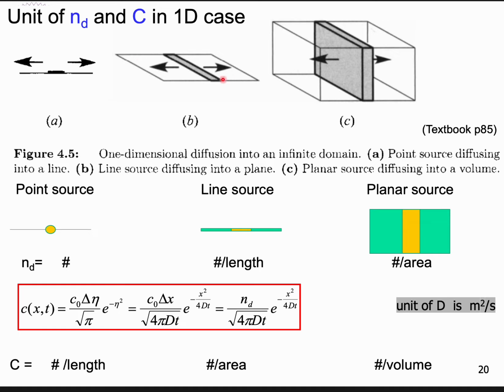In that case, this is a plane, right? The diffusing atoms can move to the left-hand side or right-hand side, so it also belongs to the one-dimensional case, because the diffusing atoms can move along just one direction. So these three cases belong to the one-dimensional diffusion case.